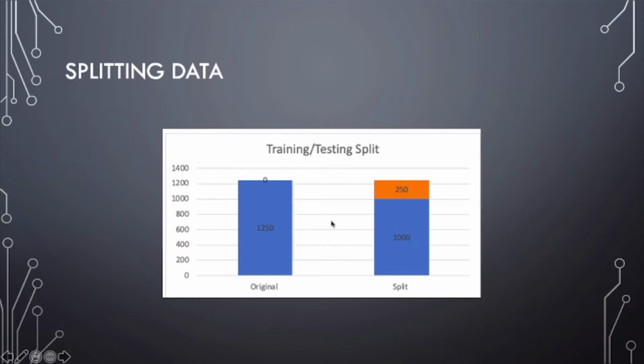So to do this, we would multiply 1,250 by 0.2 to get this number, and then we subtract this number to get the rest, which is 1,000. After this, we are finally able to build our simple RNN model.